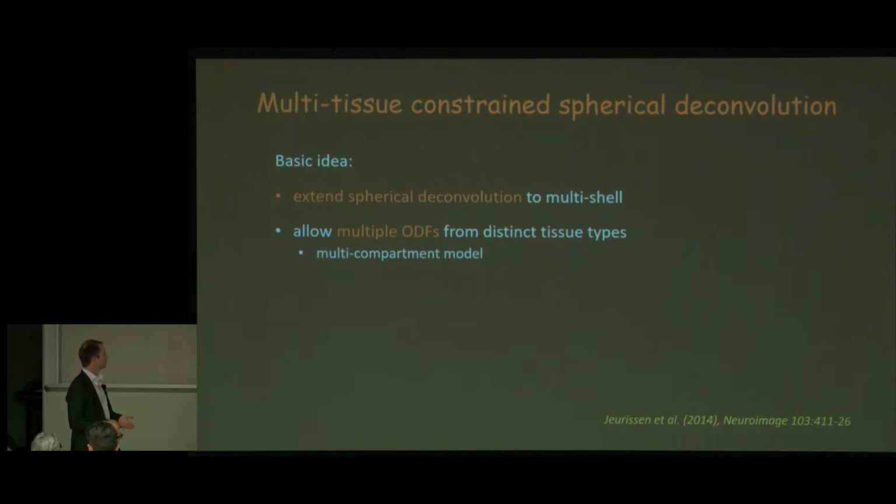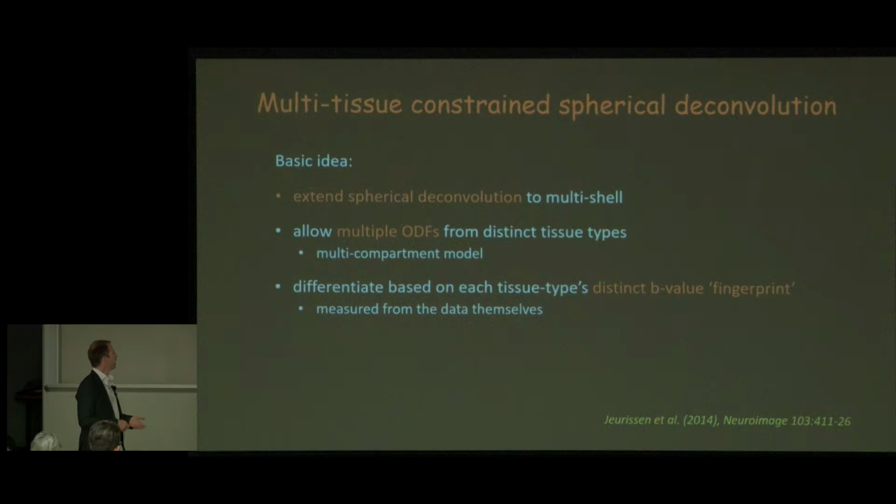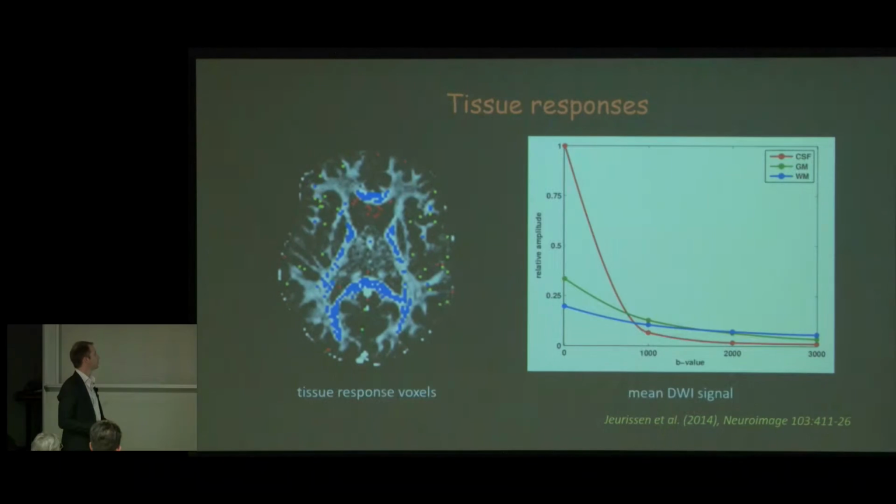So it's a multi-compartment model, and it relies on the idea that different tissue types would have a distinct b-value dependence. Their rate of decay as a function of b-value will be sufficiently different that you can actually resolve them when you have multi-shell data. And again, all of these things are measured from the data themselves.